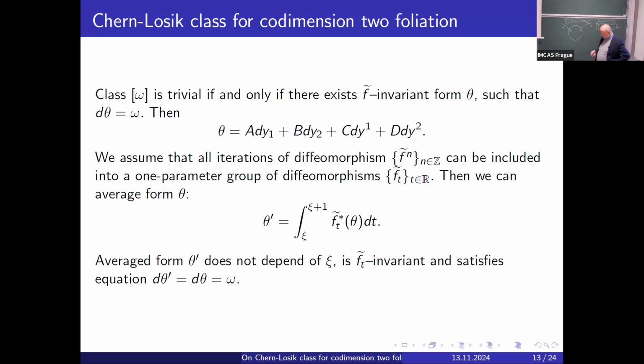In this case, we can average this form, so integrate, and after this averaging, this new form already doesn't depend on psi. And so we get some invariant form which satisfies this equation. So this trick allows us to suppose that theta is not invariant with respect to one diffeomorphism, but invariant with respect to some one parameter group. And this gives differential equation. So this is the main tool here.